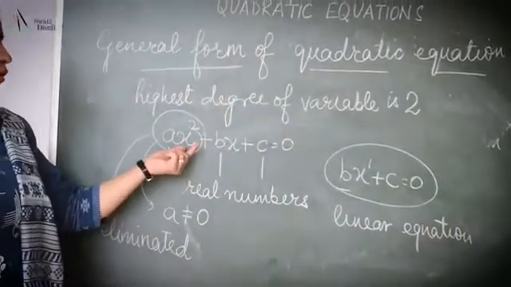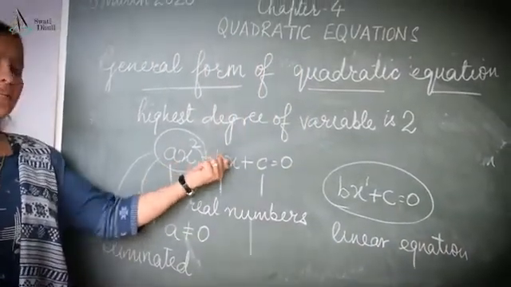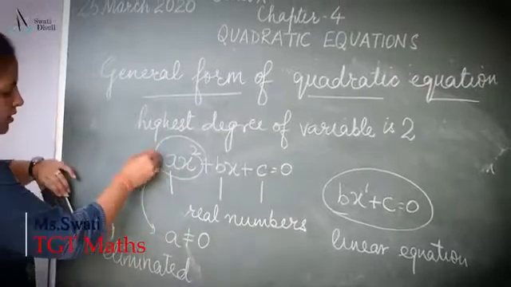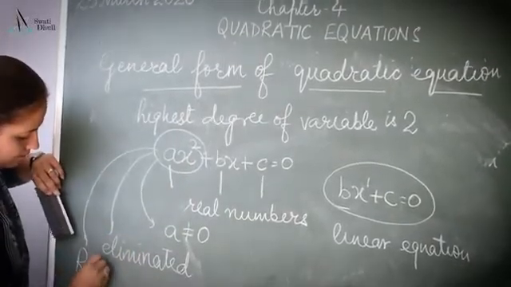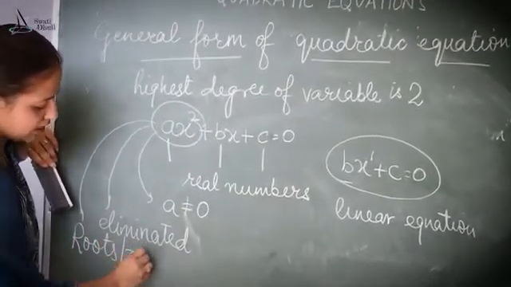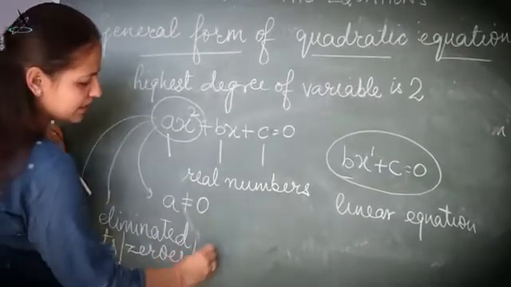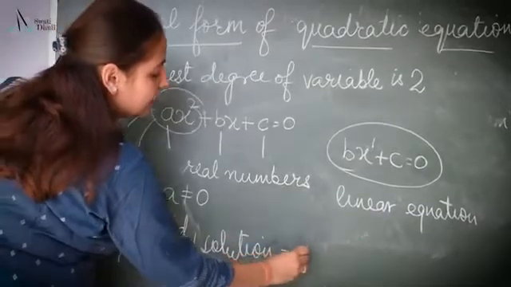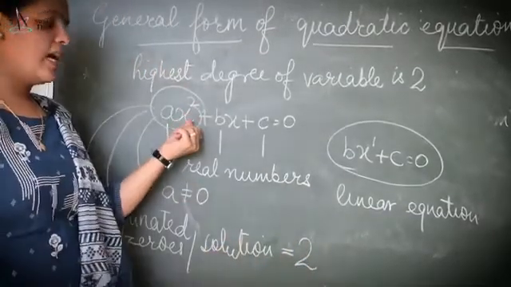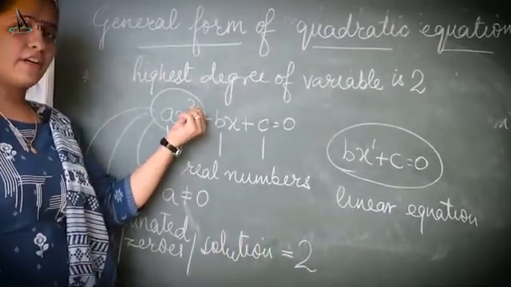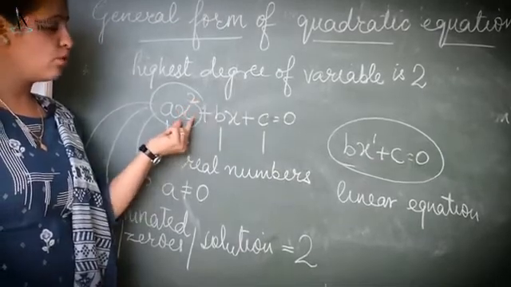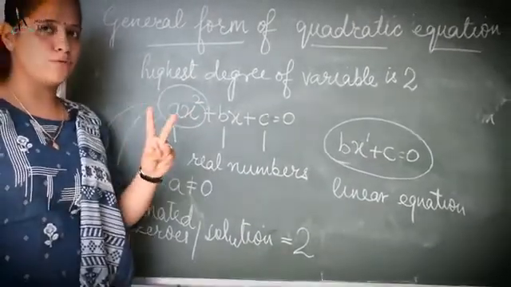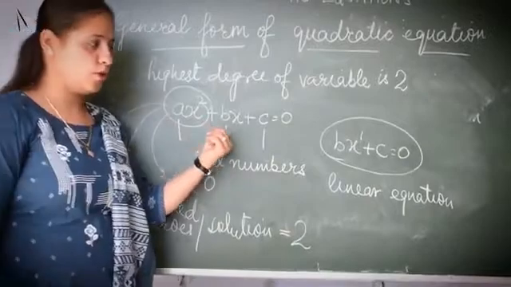Now, to find out the roots of this quadratic equation, roots, zeros, or you can say the solution of quadratic equation, they will be 2. As the highest power of the variable is 2, you can find the two solutions of this quadratic equation.